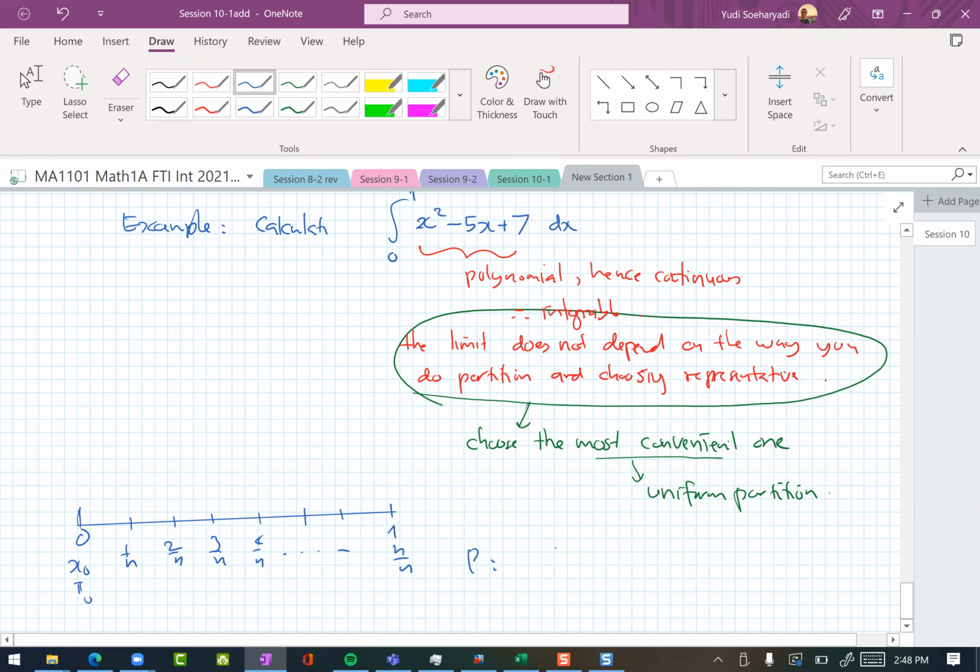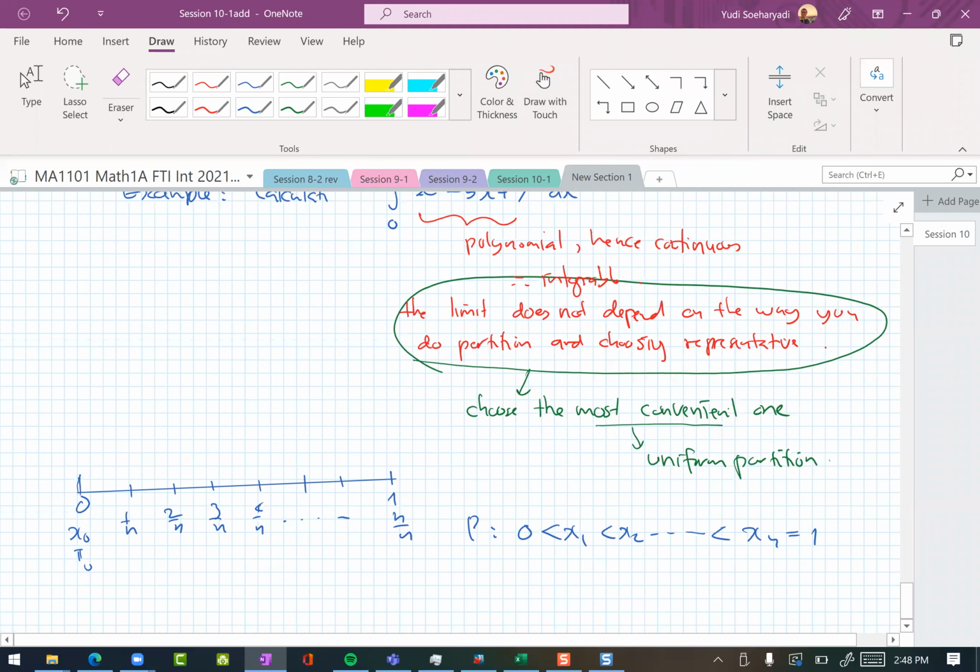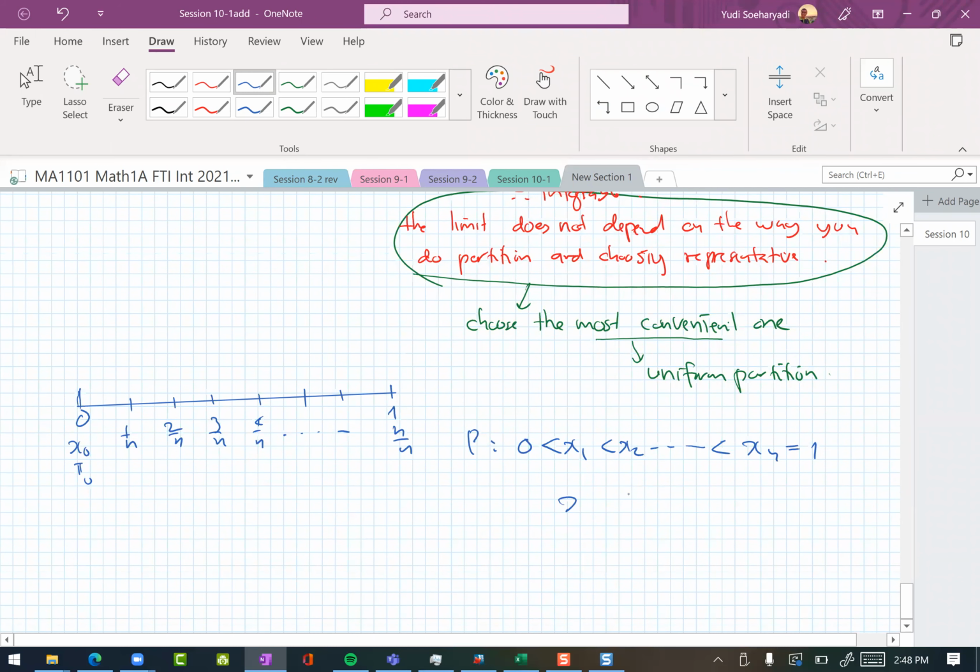Our partition is 0, x, that xi is i over n.